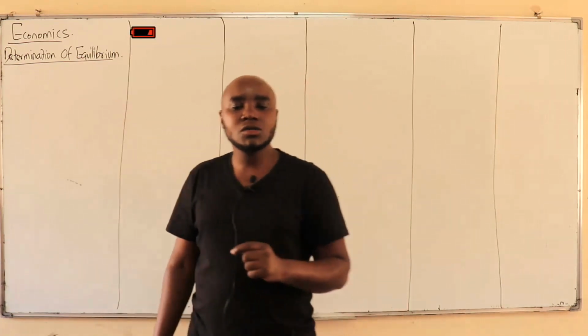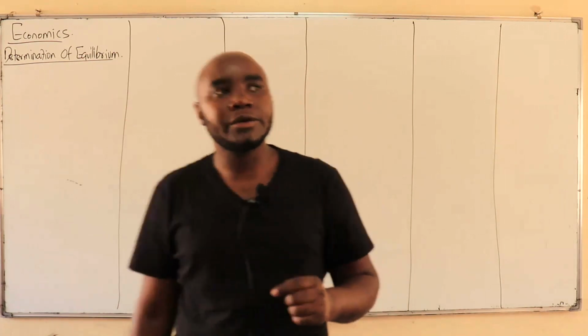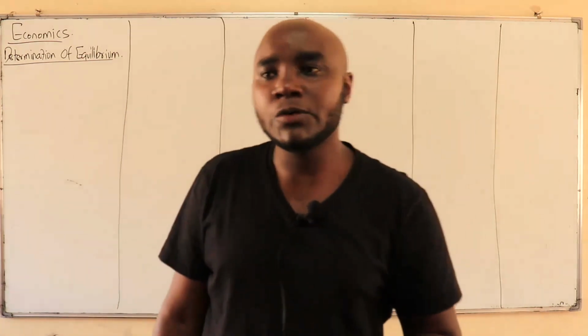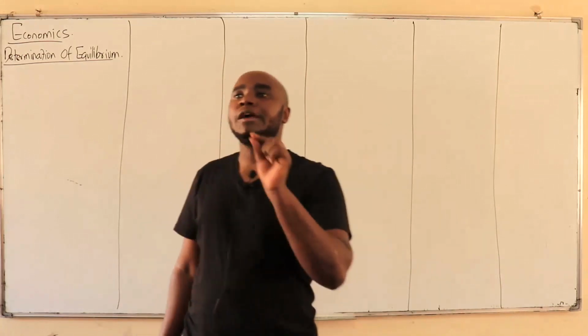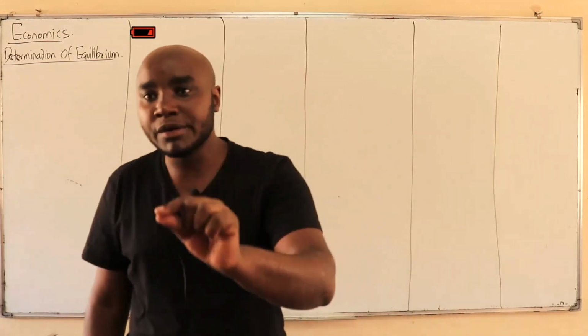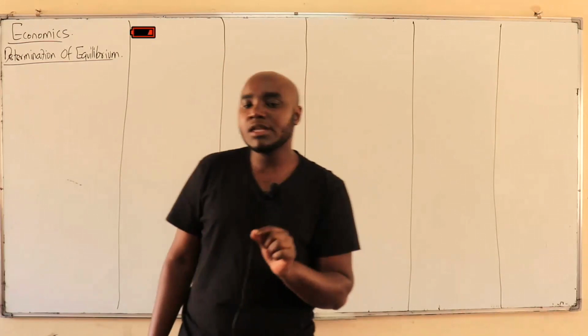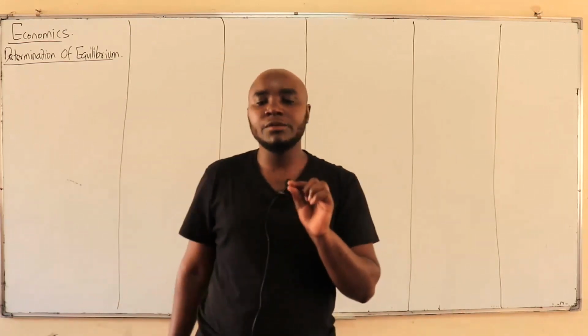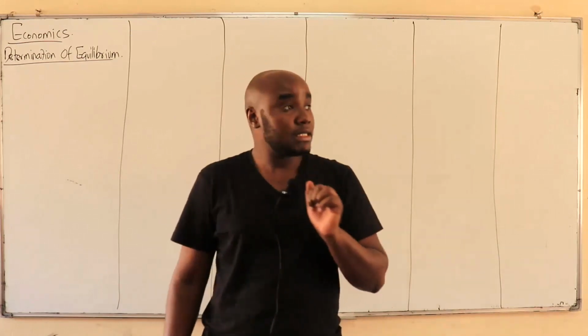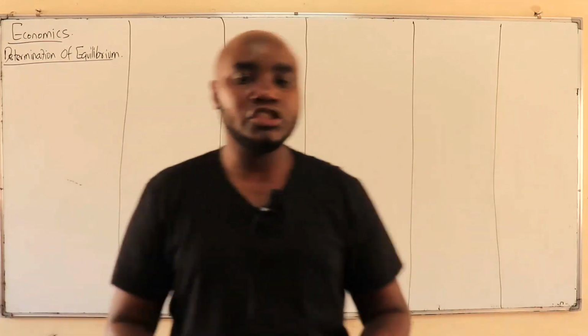Then we talked about unstable equilibrium, whereby, when we are talking about the equilibrium price and the equilibrium quantity and there is some alteration of the equilibrium point, there is a further change.